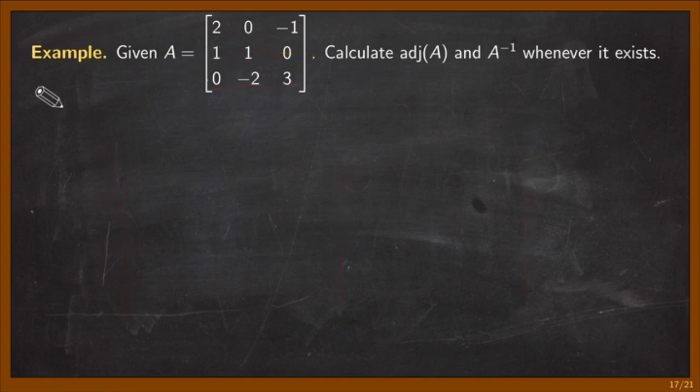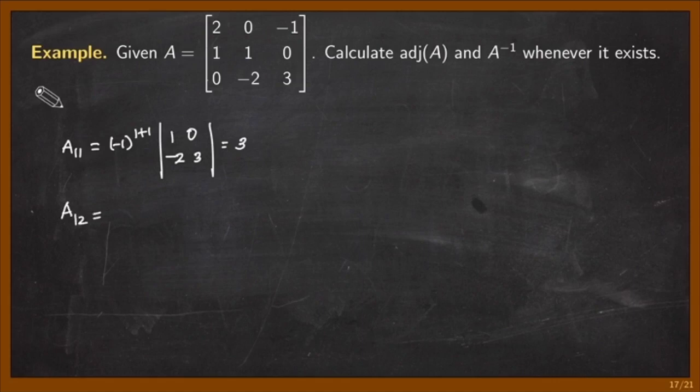So for example, what's the cofactor of the 1,1 entry 2? That's negative 1 raised to 1 plus 1. I'll delete this row and column. You get the matrix 1, 0, minus 2, 3. And when you calculate this, you get 3. Next, 1,2.